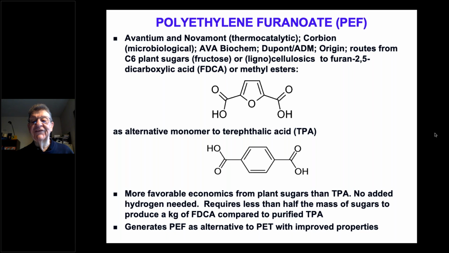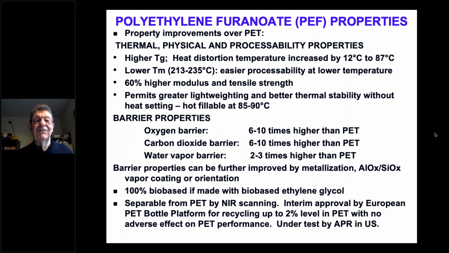And when you polymerize it, you get polyethylene furanoate, which has better properties than polyethylene terephthalate. So you can see that here. It has a higher heat distortion temperature. It's easier to process because it actually has a lower melt temperature, higher modulus and tensile.